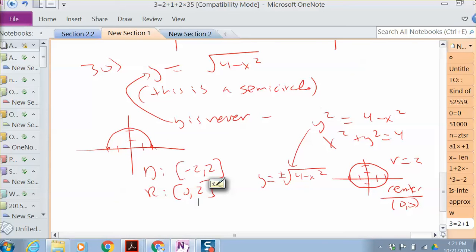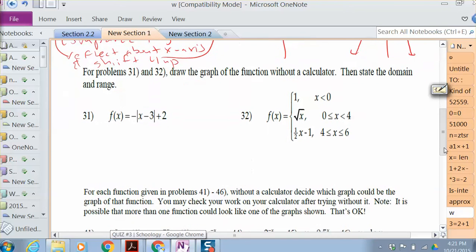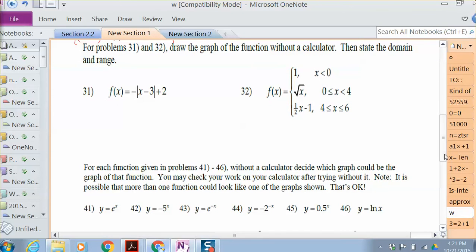If we take a look at 31 and 32, dealing more with transformations, hopefully you realize we have to go 3 right, 2 up, and of course, they reflect about the x-axis.